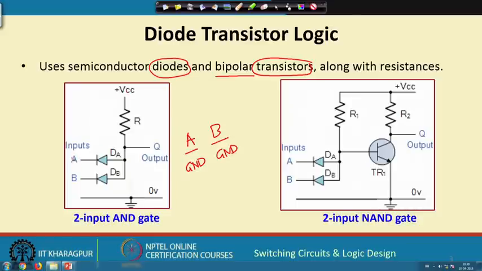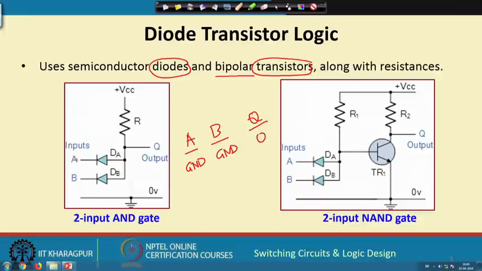If the inputs are at ground, then from this power supply there will be a current flowing path, current will be flowing towards A and B, and the voltage at the output node will be very low. It will be ground plus the drop across the diode, maybe about 0.6, 0.7 volt. So, the output will be at a very low voltage, and that very low voltage is equivalent to logic 0.